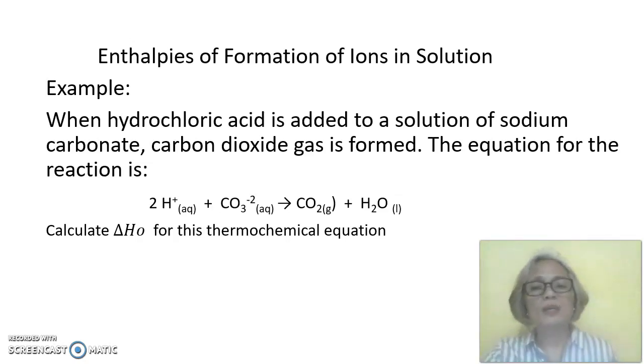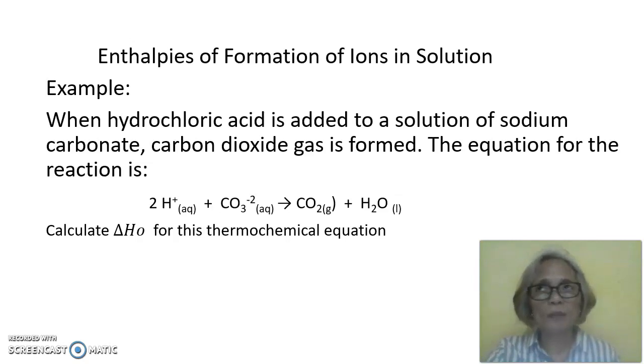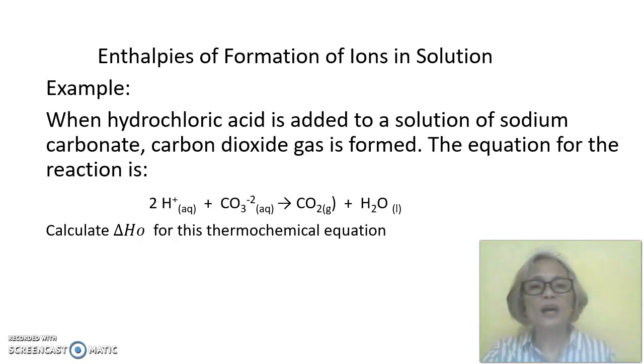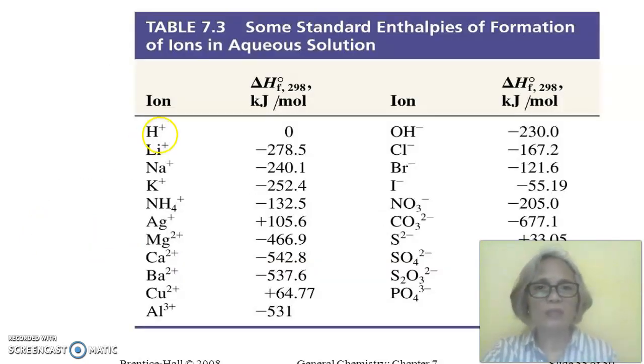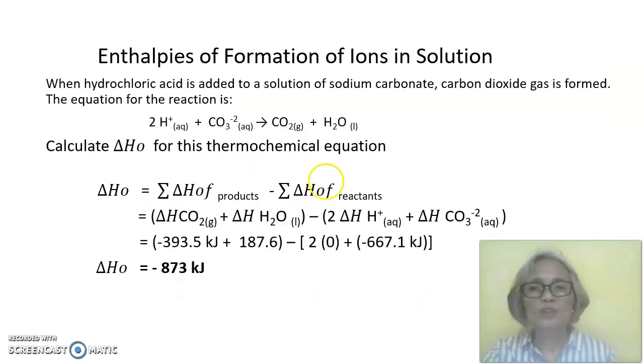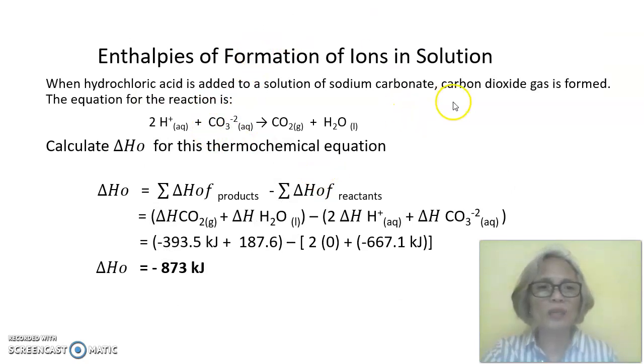For enthalpies of formation of ions in solution, we practically have the same principle. It's simply the summation of products minus the summation of the reactants. Only that you will have to look at the table for ions. Here we have standard enthalpies of formation of ions in aqueous solution. When hydrochloric acid is added to a solution of sodium carbonate, carbon dioxide gas is formed. Here is the thermochemical equation.